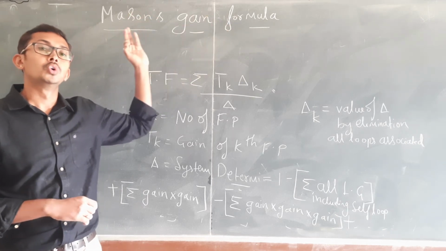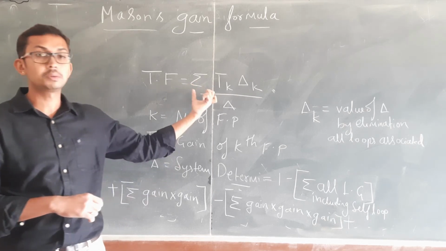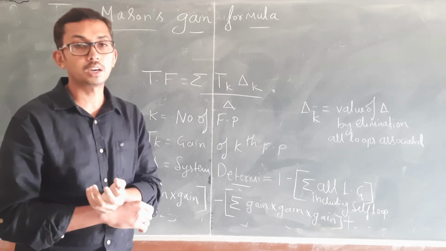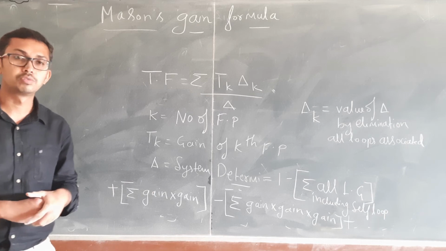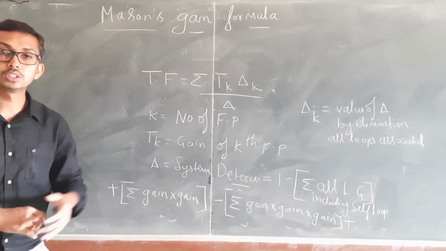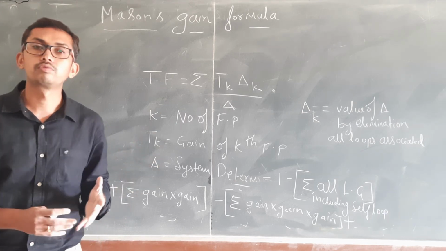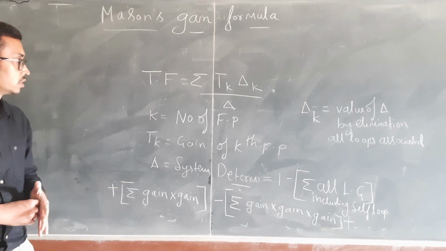The person who determined how to find the transfer function with the help of a simple formula, that too with the help of signal flow graph representation. So we need to know the terminologies in this Mason's gain formula, and then we can easily solve the problem and get the transfer function of a given system.